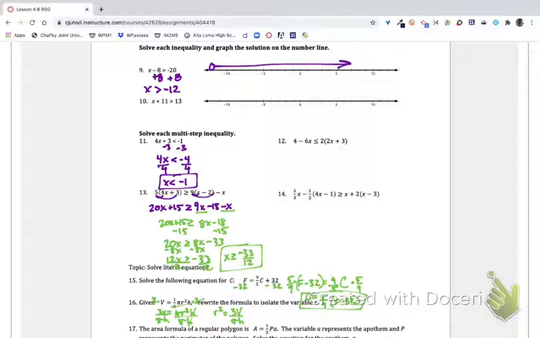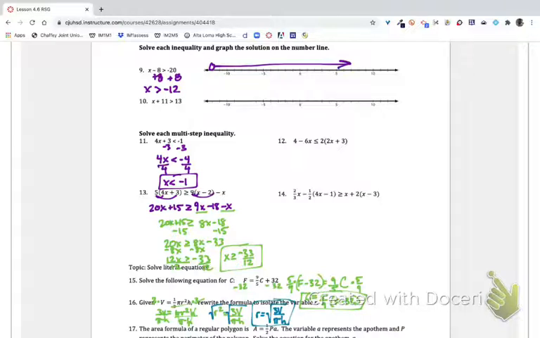Like 8 squared is 64, but to get it back to 8, I would take the square root of 64 to get 8. Hit both sides by a square root, which means that r would equal the square root of 3v all over pi h. This one here, very difficult.